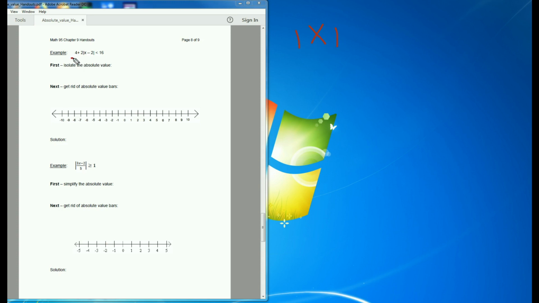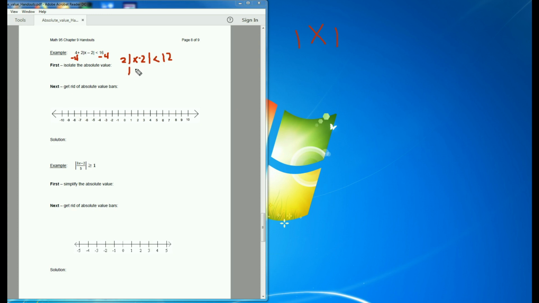So in other words, first let's start by subtracting 4 from both sides. So now we're going to have 2 times the absolute value of x minus 2 is less than 12. And then get rid of this multiplier. Divide both sides by 2.